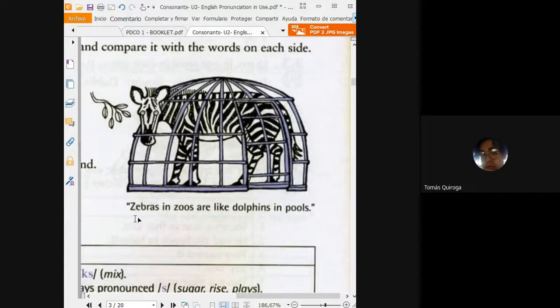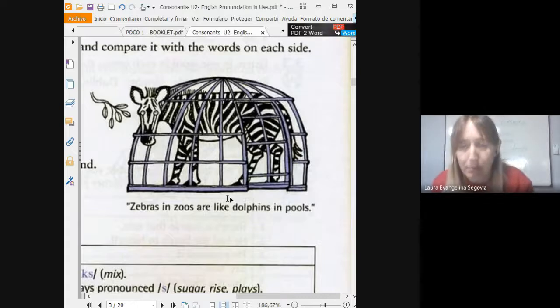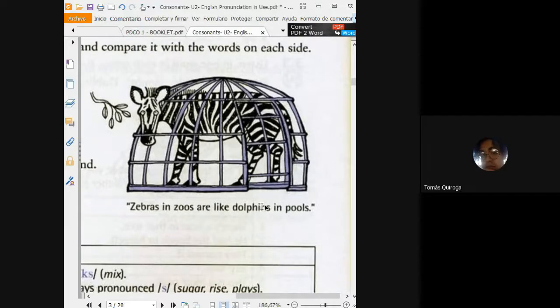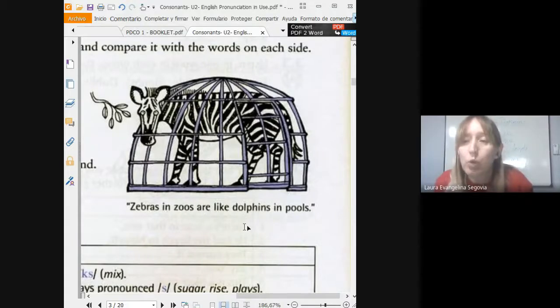Zebras in zoos are like dolphins in pools. Pools. That's it. That's better. Be careful because sometimes it's easy to have it at the beginning. It's easy to say zebras, but then at the end it's kind of odd. I'm having a doubt with the PH in dolphins.